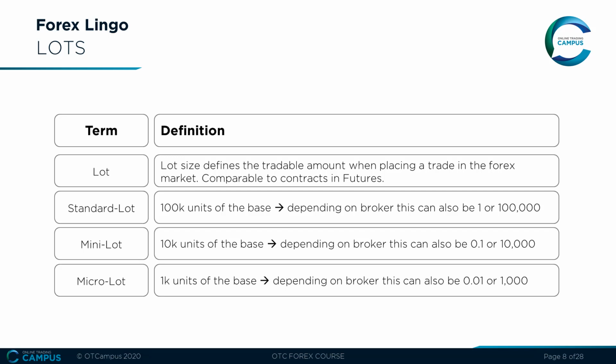If I'm buying a mini lot, I'm buying 10,000 units of the base currency. And if I'm buying a micro lot, I'm buying 1,000 units of the base currency. An important differentiator from broker to broker can be the way on how this is displayed. With equity, 1 is a standard lot, 0.1 is a mini lot, and 0.01 is a micro lot.